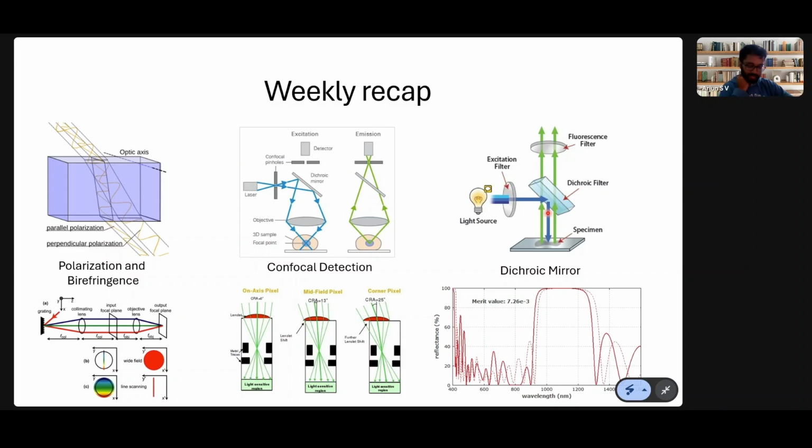We also saw that polarization has linear components as well as non-linear components, and the concepts of sum frequency and difference frequency, and how polarization follows momentum conservation as well.